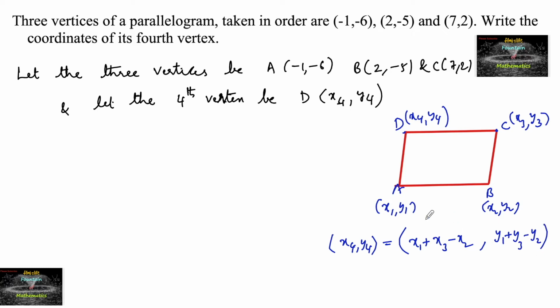So this is one shortcut: add the a coordinate and c coordinate, then subtract the b coordinate. So x1 plus x3 minus x2, y1 plus y3 minus y2 gives the coordinates of vertex D, the fourth vertex.